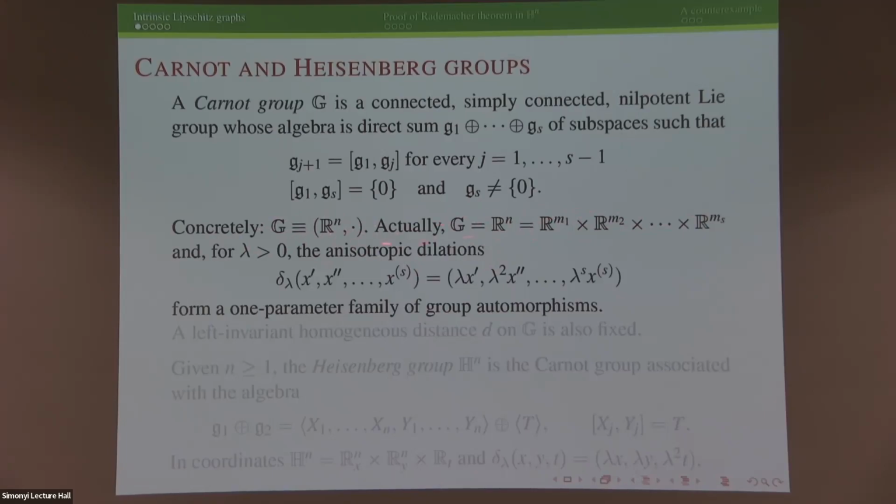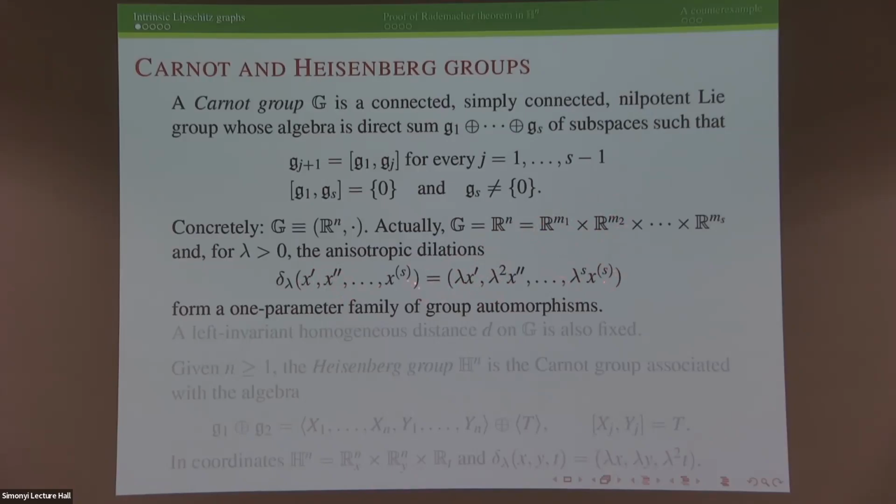In fact, this structure allows us to introduce dilations. For a positive lambda, the dilation by a factor lambda acts on coordinates with different weights. So x', which denotes the coordinates in the first part of the decomposition, is scaled by a factor lambda. The second part, x'', in the second layer, is scaled by a factor lambda squared, and so on and so forth.